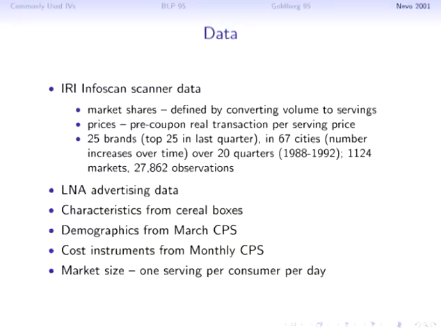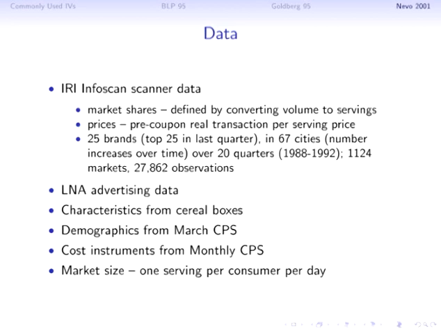So the data that's been used here is the IRI scanner data. These are data that come from basically supermarkets. Supermarkets report to IRI. IRI and Nielsen are these two companies that collect this from supermarkets, and they aggregate it and then report it back to some of the companies. The original data is actually collected at a UPC, at a barcode level, at a supermarket, at a week.